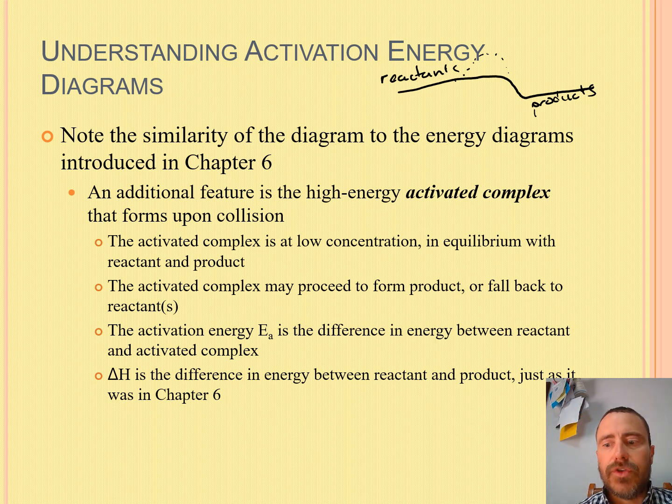That's basically what's new in these things. We have to overcome that activation energy, and when we do that, we are forming that activated complex. Once we reach the top, it can either go back to make reactants or forward to make the products, depending on how much energy it has and whether it wants to continue on to be the products.